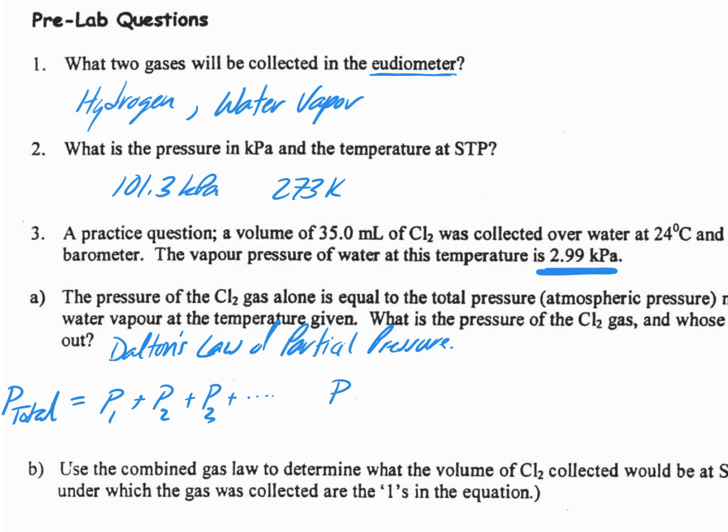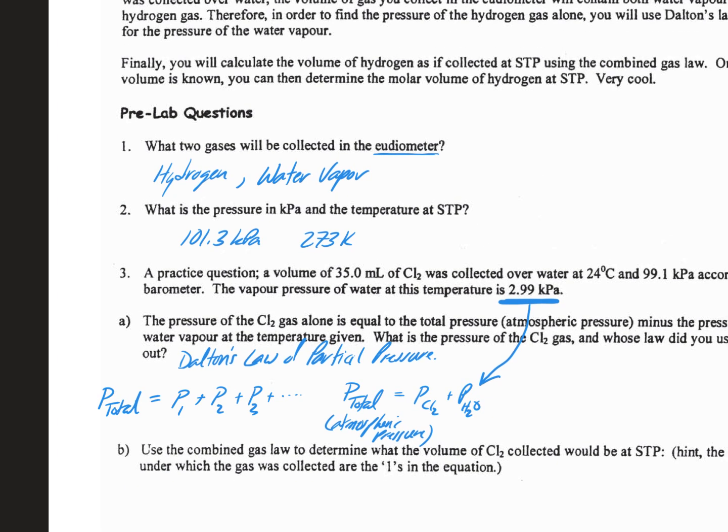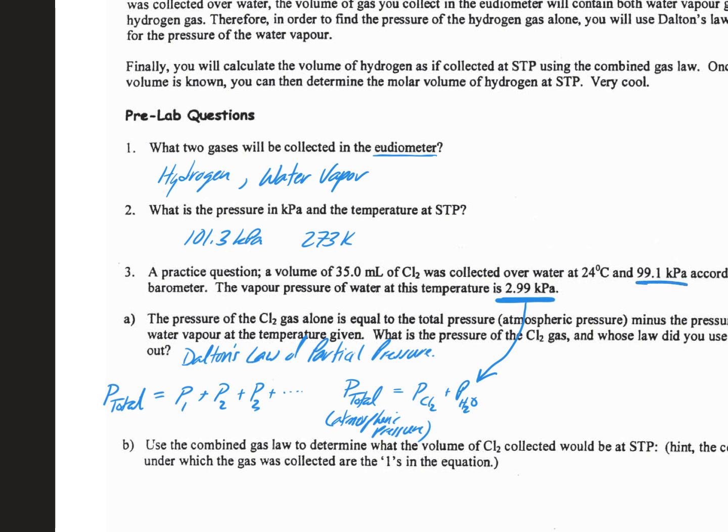So in other words, the total pressure, which by the way is atmospheric pressure, hope you can read my writing, equals the pressure of the chlorine gas plus the pressure of the water vapor. And the pressure of the water vapor is given to us. Also, where is it? I'm looking for it. There it is.